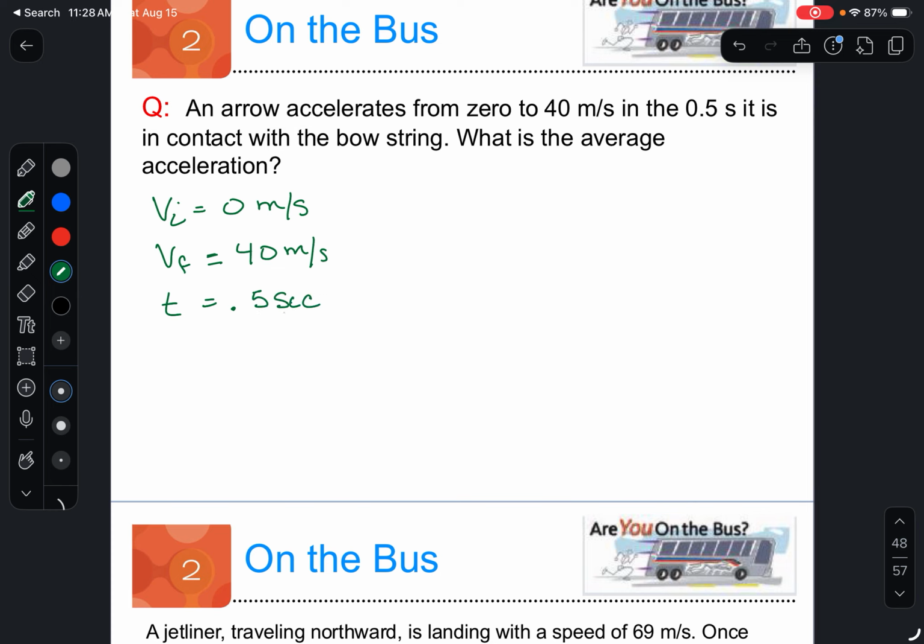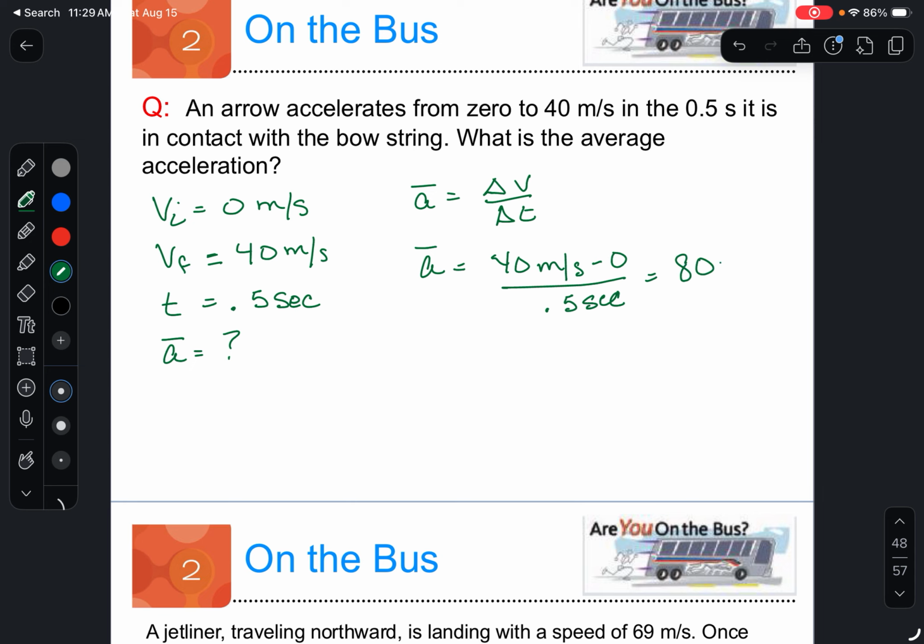And you're asked for the average acceleration. So we know average acceleration is delta V over delta T. So our average acceleration is going to be our 40 meters per second minus 0, divided by 0.5 seconds, which will give you 80 meters per second squared.